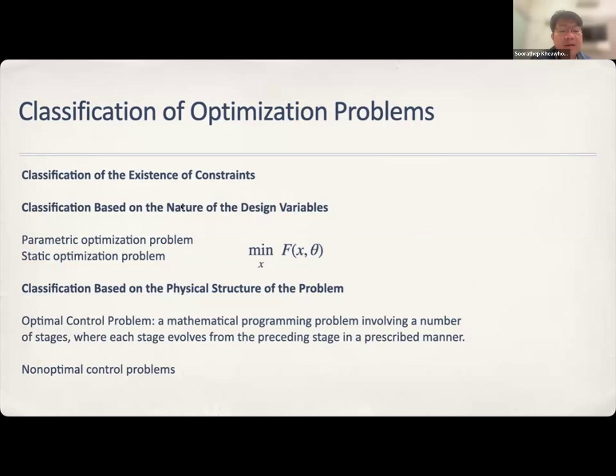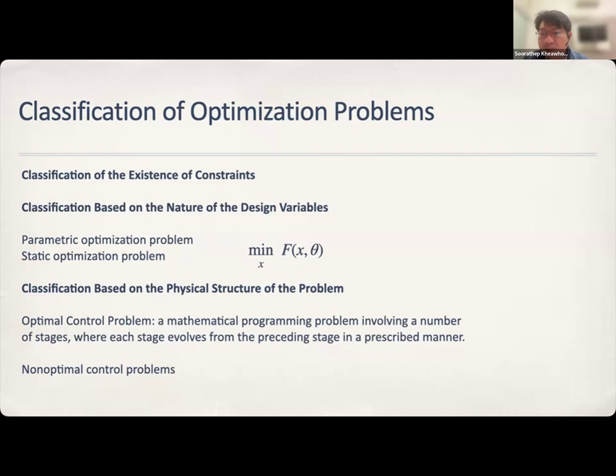We can also classify based on the nature of the variable, where the problem is parametric or static. Totally different thing. For example, remember the third case where we have the quality or the price of each liquid? Whether that constant is a parameter or not.